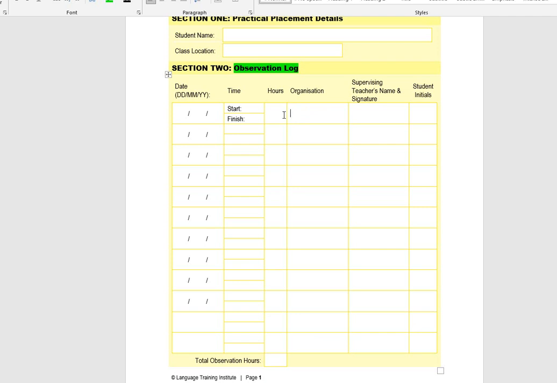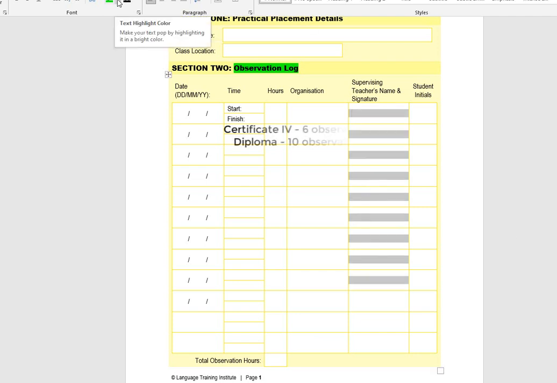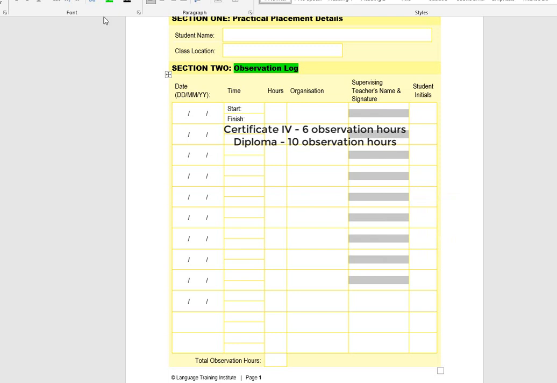Remember, for Certificate 4, you need a minimum of 6 hours of observations, and for diploma students, please ensure that your total observation hours amount to 10. Please ensure you get all of the signatures from your supervising teacher, and please include your own initials in the form.